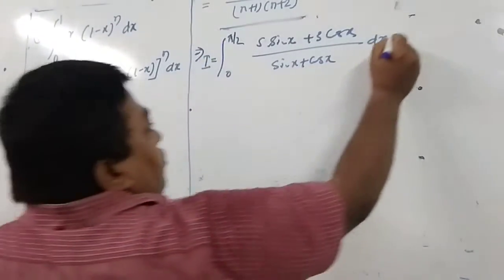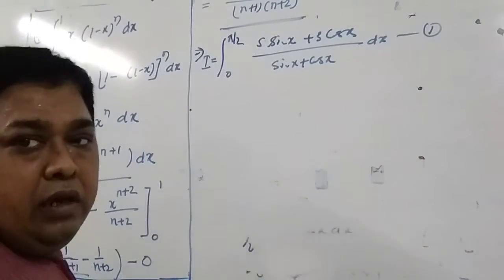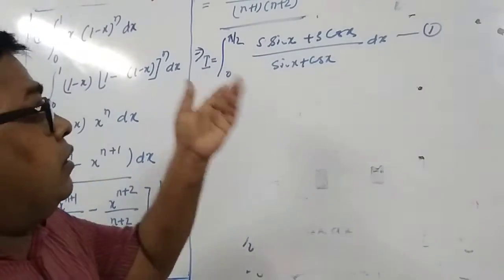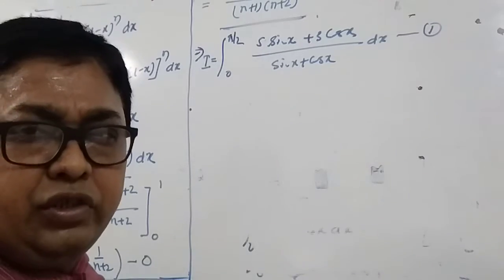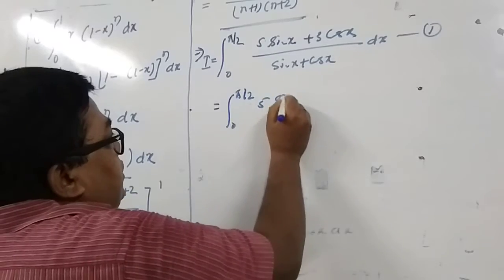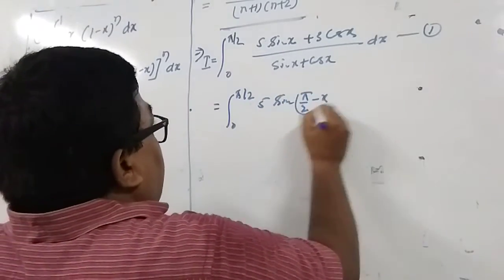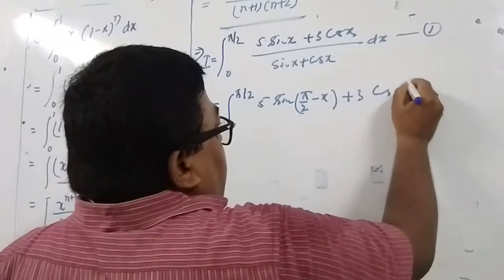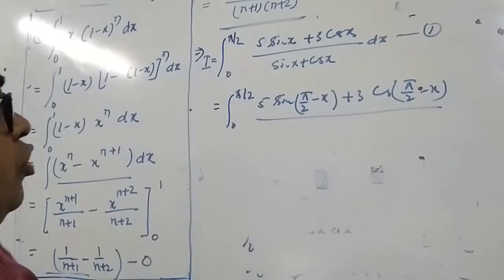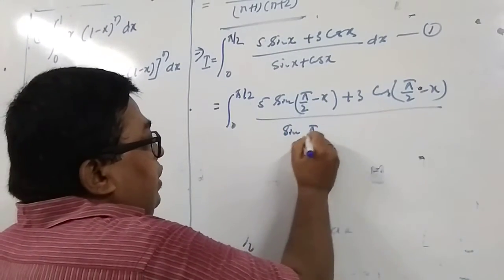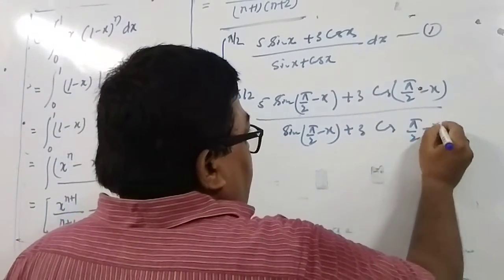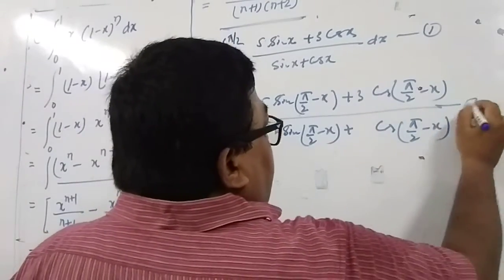Taking this as I, equation 1. Again, as usual, we are applying property number 6, which is used in almost every question. From 0 to pi by 2, 5 sin(pi by 2 minus x) plus 3 cos(pi by 2 minus x), and the same thing applies in the denominator: sin(pi by 2 minus x) plus cos(pi by 2 minus x), dx.